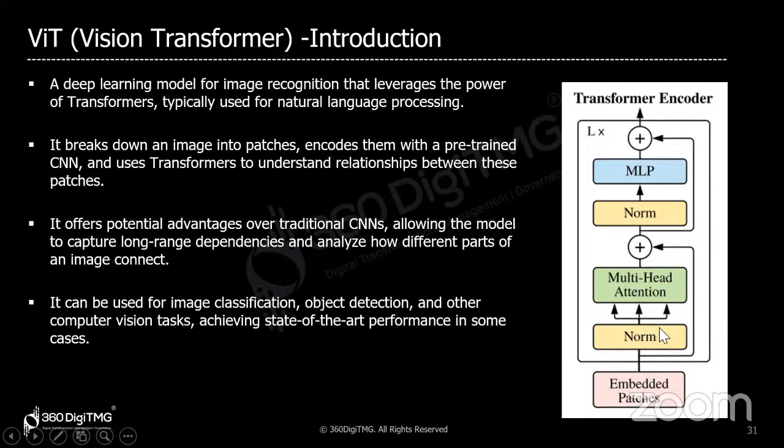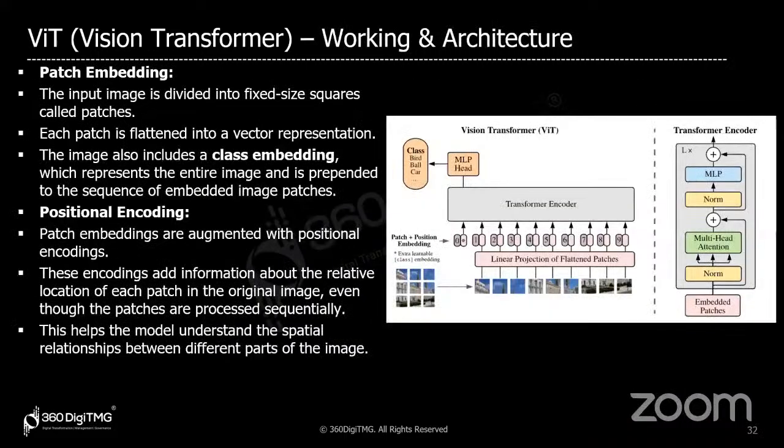Then we do normalization, apply the multi-head attention mechanism, normalize again, and use a multi-layer perceptron. It can be used for image classification, object detection, and other computer vision tasks, and achieves state-of-the-art performance in some cases.